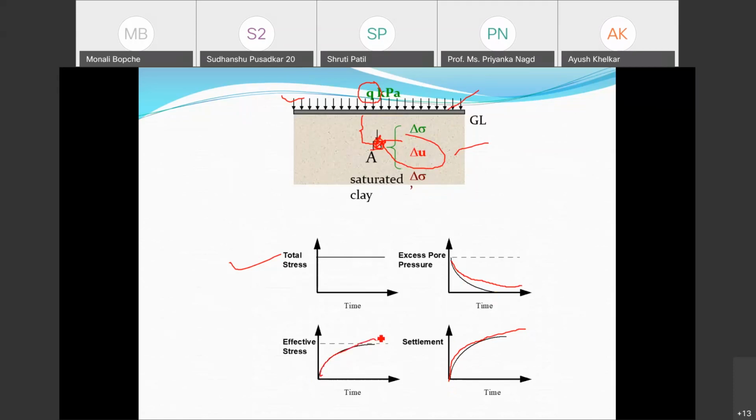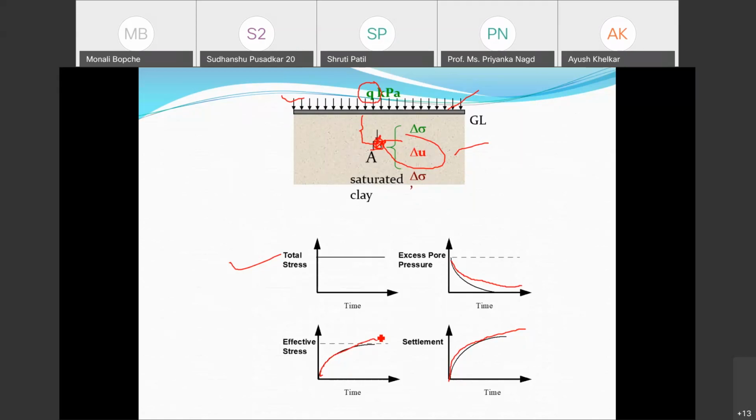Why? Because I told you effective stress is an intergranular contact stress, the contact between two particles coming together. As the water is removed from the soil, the particles are brought together. At one stage, when the total pore water pressure is removed, all the particles remain in contact.